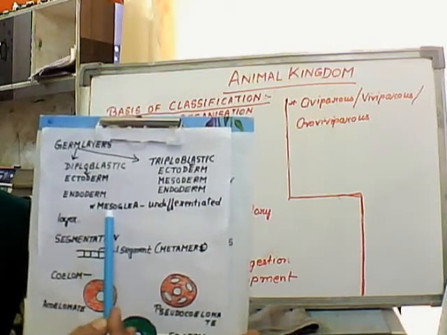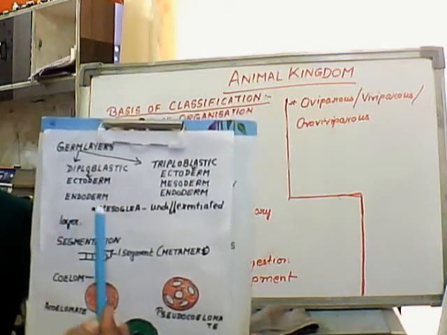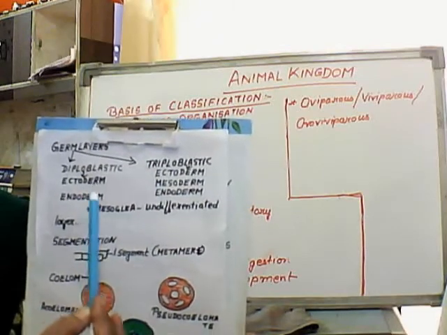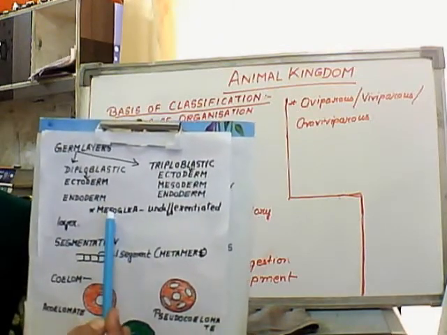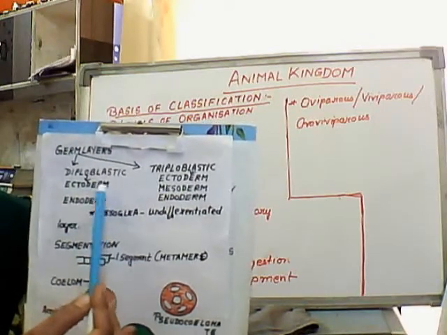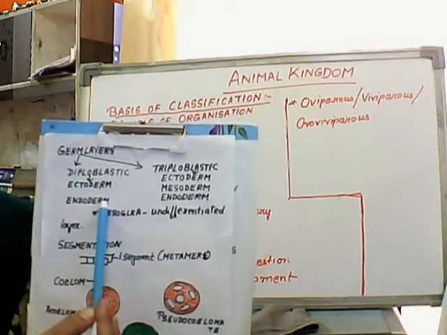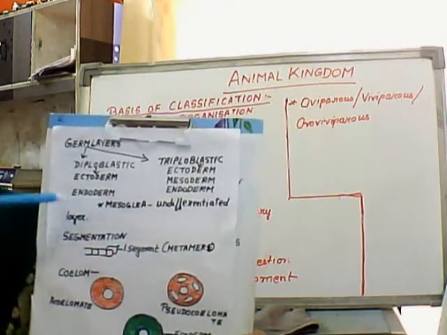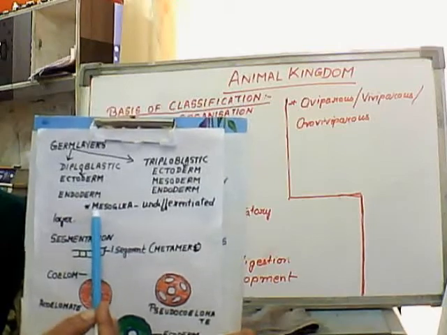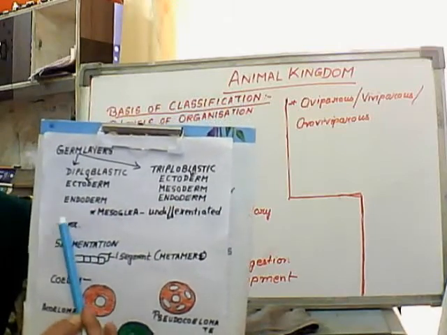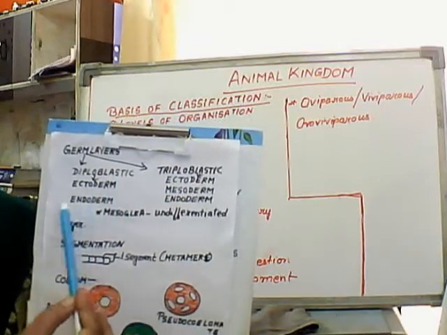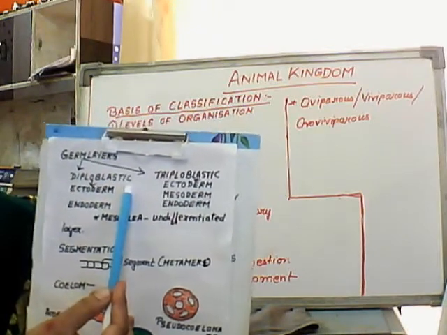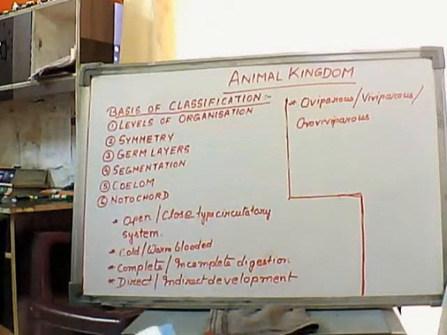Sometimes they may have some cells, but actually those cells are not mesoglial cells; they have migrated to this particular region either from the ectoderm or from the endoderm. So one thing you just remember, mesoglea is not a cell, it is an undifferentiated layer present in between the ectoderm and endoderm in case of diploblastic organisms. So that is the third character.